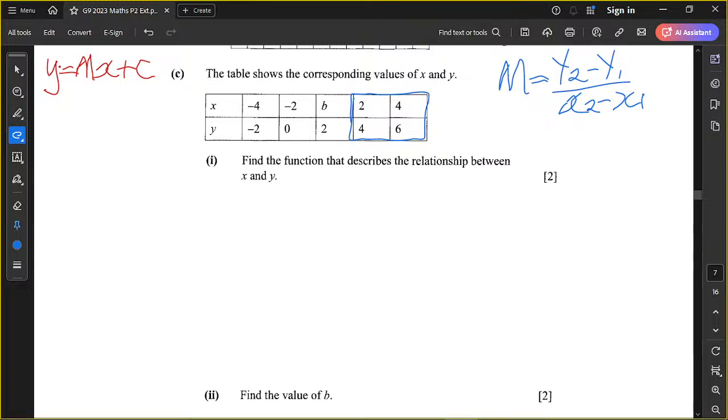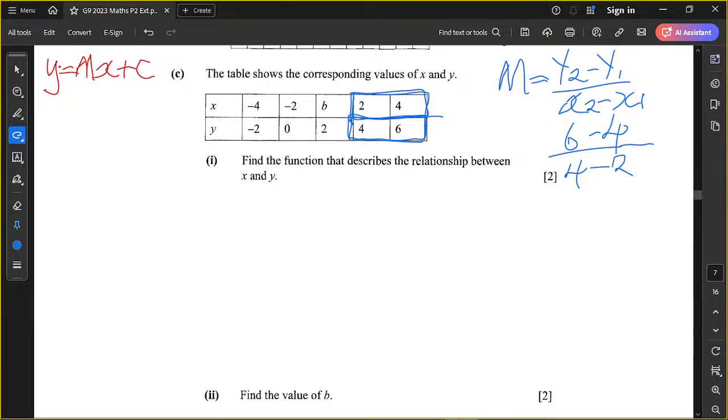Let's start with y. We will pick these two numbers down here, which are 4 and 6. So we say 6 minus 4 over, then for x, we pick these numbers on top, which is 4 minus 2.